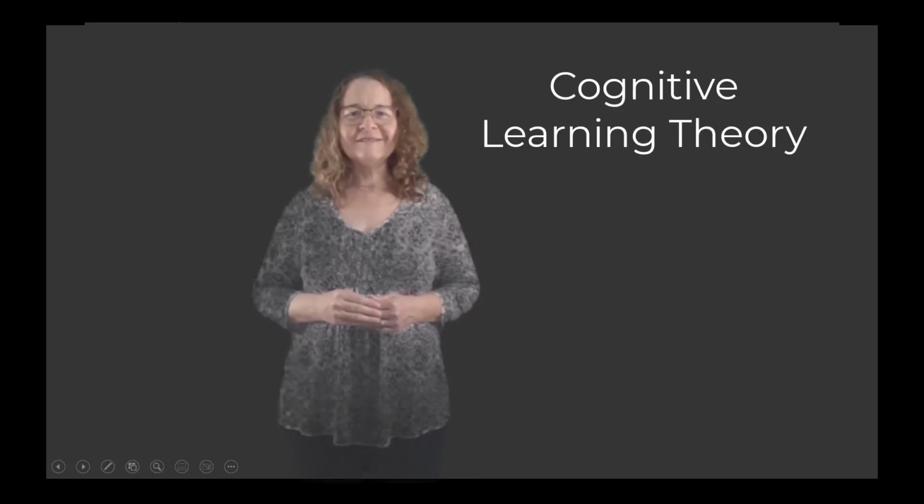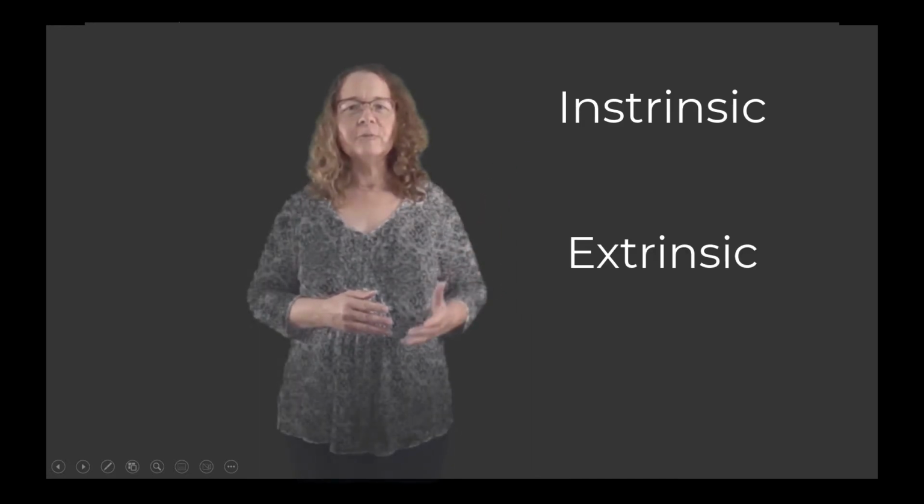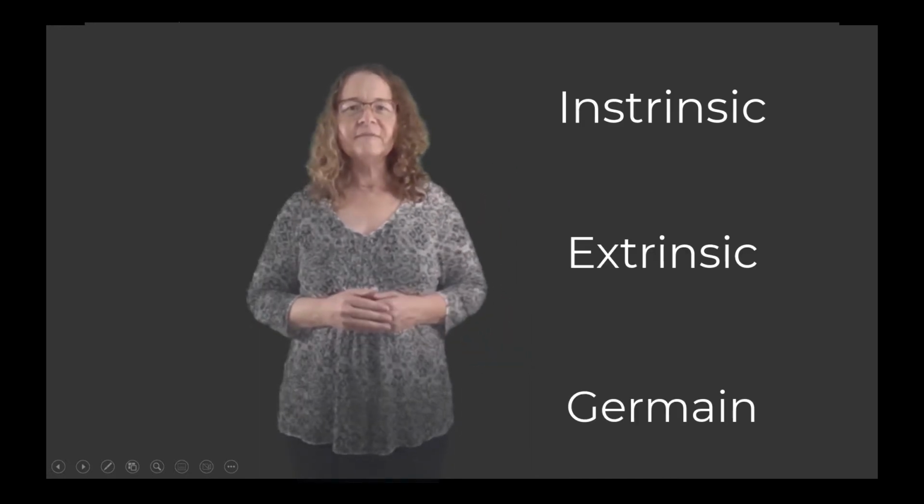Let's get started. First, when you talk about cognitive learning theory in medicine, because I work with medical students, we have to think about the three things that they have to consider. One would be intrinsic learning, then extrinsic learning, followed by germane learning. The intrinsic part then is what we're actually trying to teach them and get them to know.